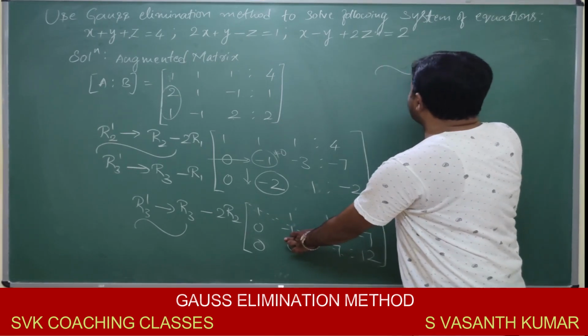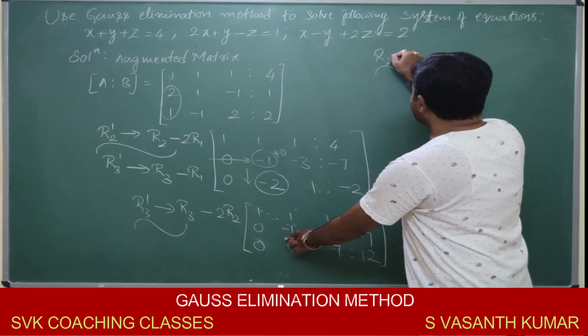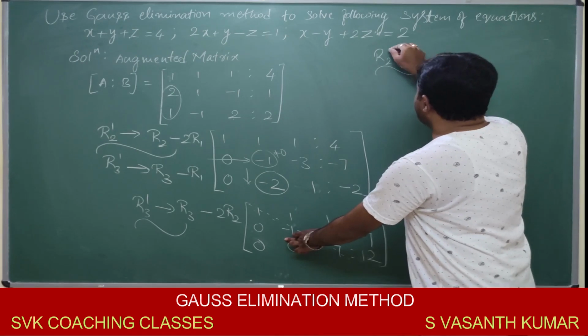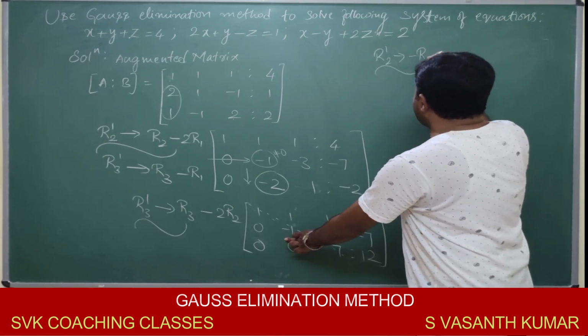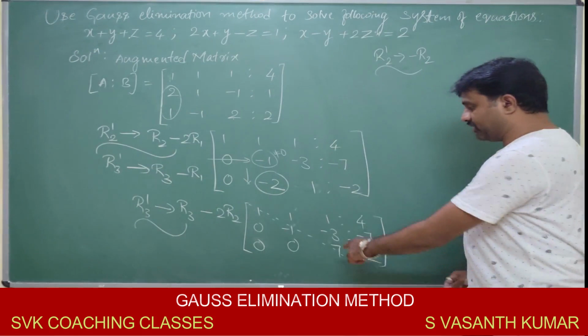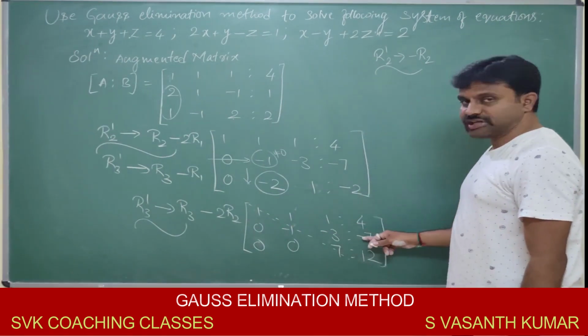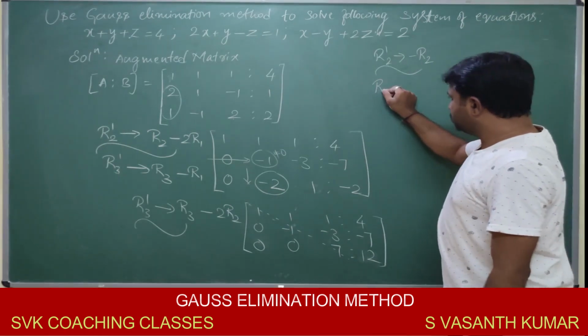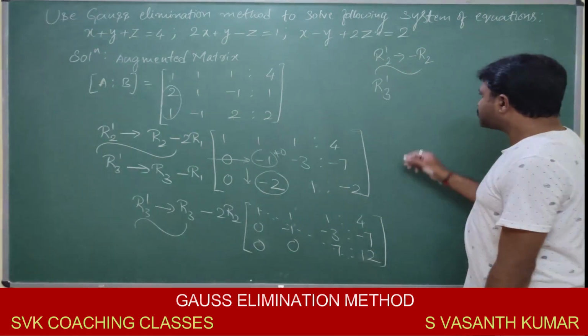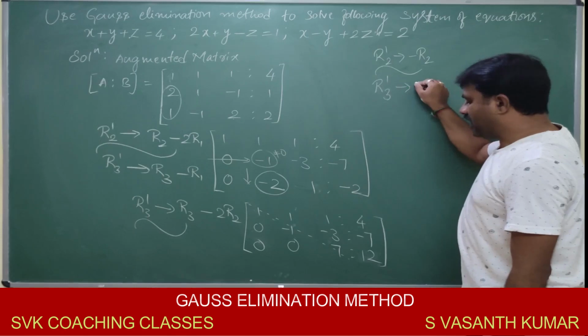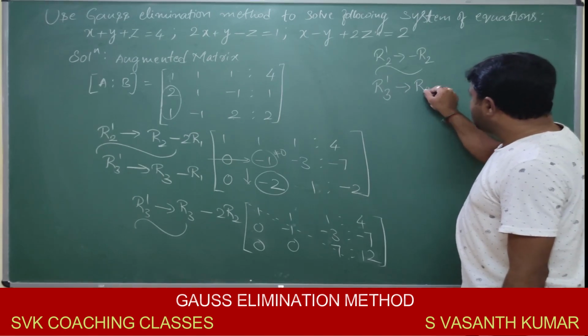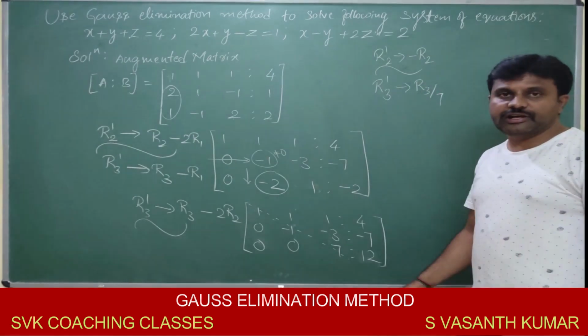So divide R2 by minus 1, that is, R2 dash changes to minus R2. You are going to multiply this second row by minus, and R3 is disturbed here, so R3 dash changes to R3 divided by 7.